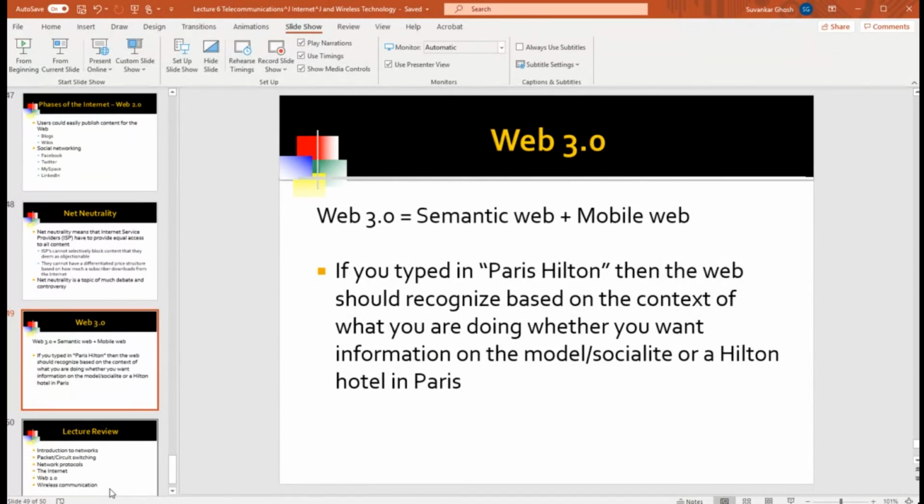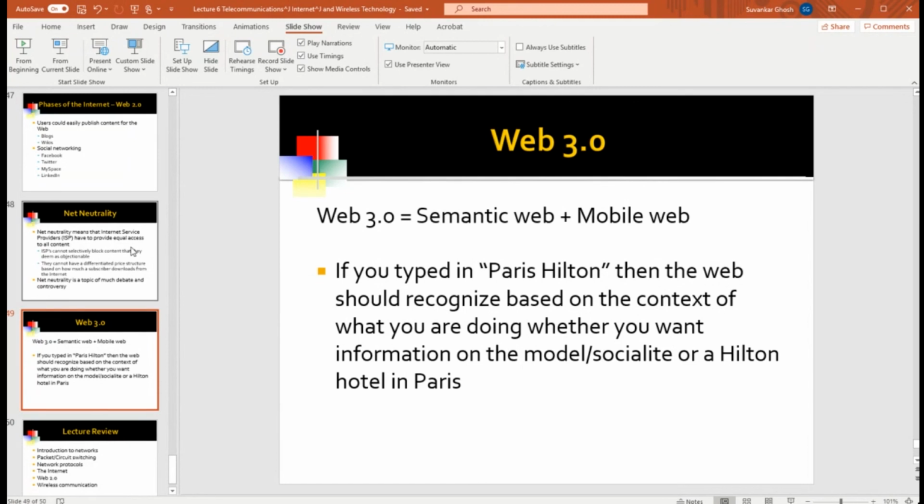So that's a defining characteristic of the web as we are experiencing it today. And the other defining characteristic is this whole thing about the semantic web, which is really being powered with AI, artificial intelligence. So searches are coming back with results that are much more targeted to what you were really searching for.